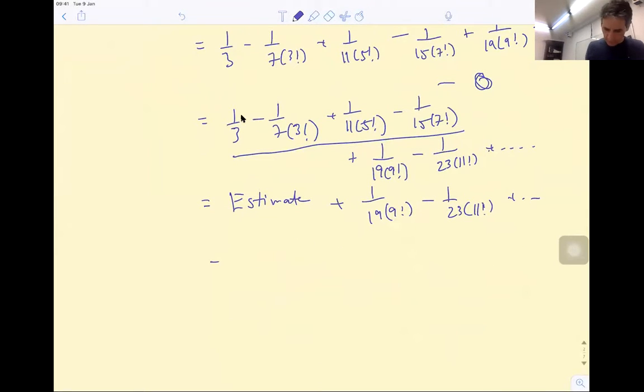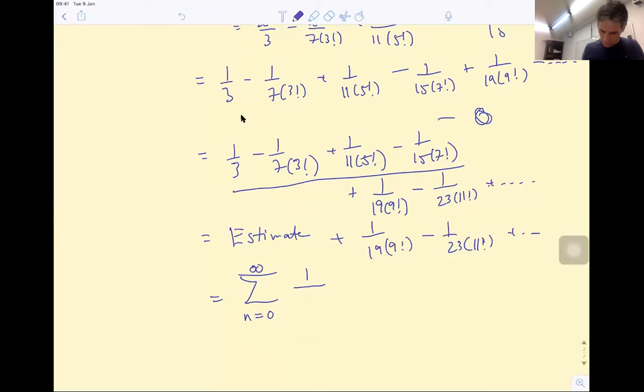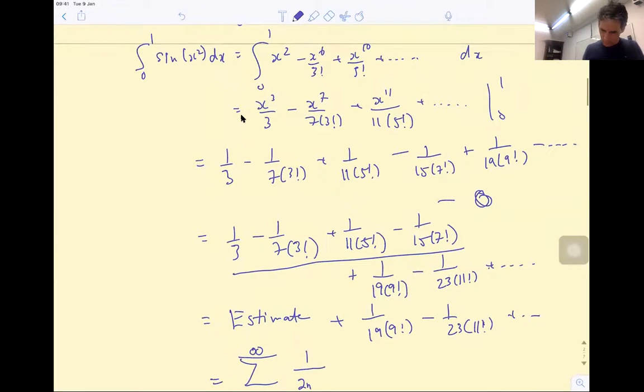The whole thing, as you see, is actually an alternating series in the form of n goes 0 to infinity, and we have 1 over, okay, so what did we do? We have 1 over 2n plus 1.